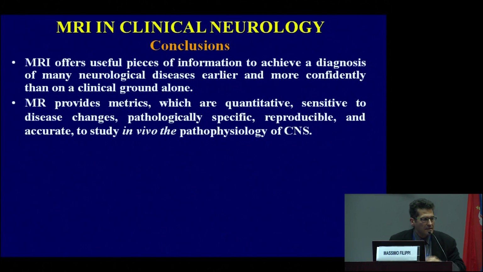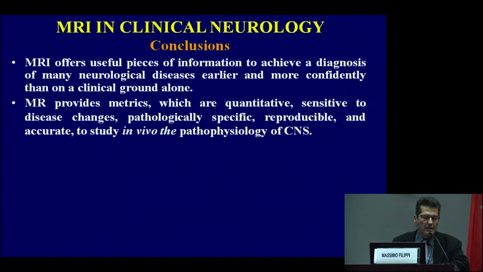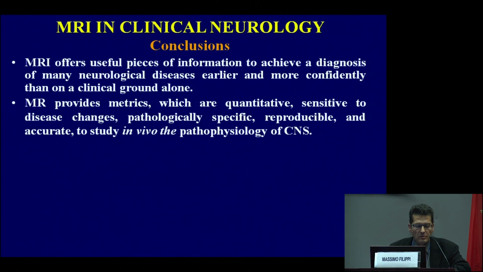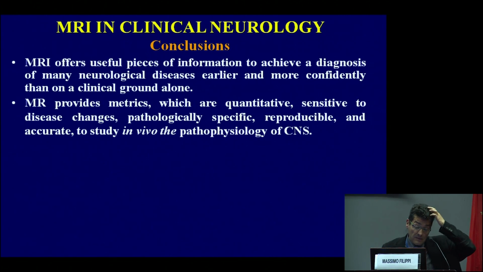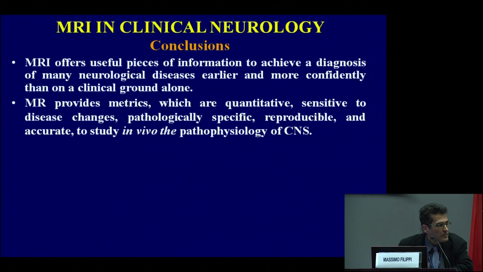The second point is that we are lucky enough to have MR because it provides quantitative, sensitive to disease changes, pathologically specific, reproducible, and accurate measures that allow us to study in vivo the pathophysiology of the CNS in an unprecedented way. We were not able to look into our brain in this way just 10 years ago.